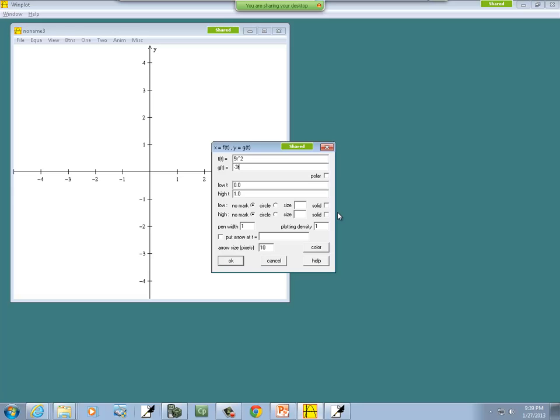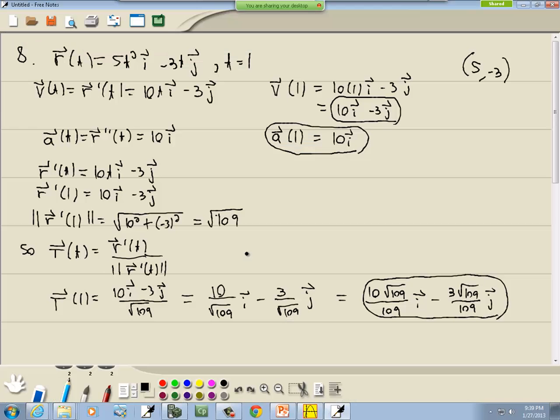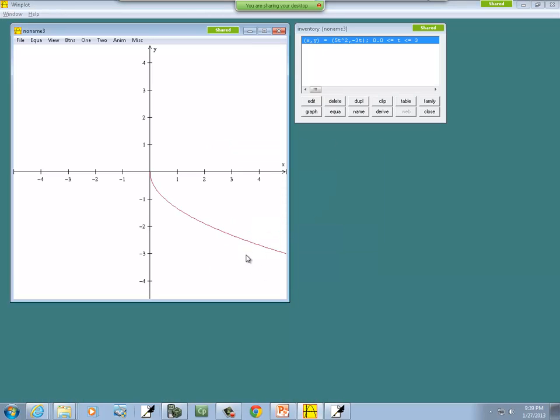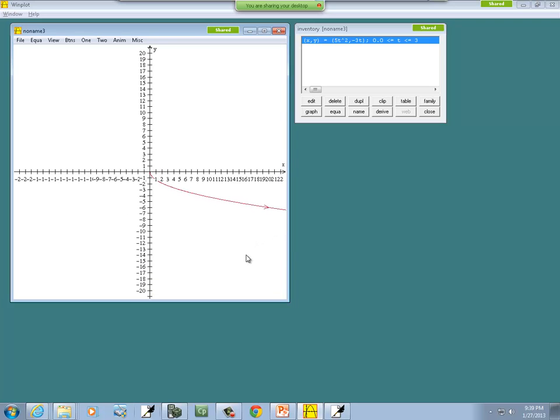Then I'll put 0 there, and I'll put 3, I guess, and I'll put an arrow at 2, because our t was 1, wasn't it? Yeah, t is equal to 1. So let me click OK, and then I'm going to zoom out, so I'm doing my page down. Okay, so we got that.